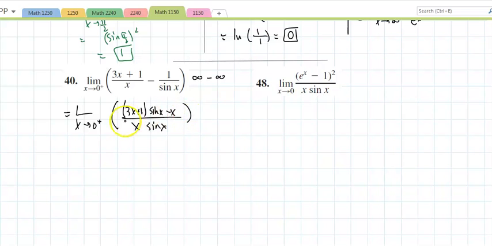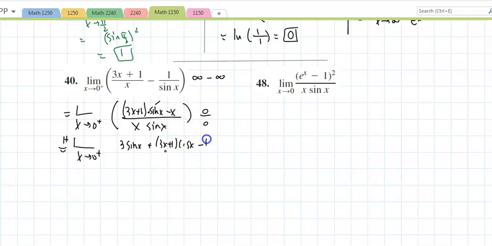And that would be, if I put 0 in, that is 0 minus 0, which is 0 over 0. I could apply L'Hopital, limit as x approaches 0 from the right, product rule. Derivative of the first times the second, plus the first times derivative of the second.